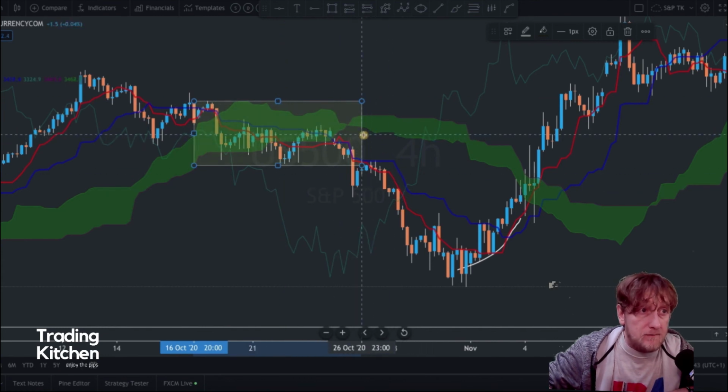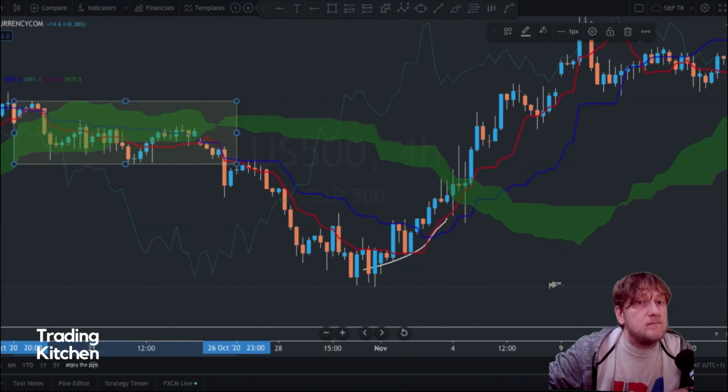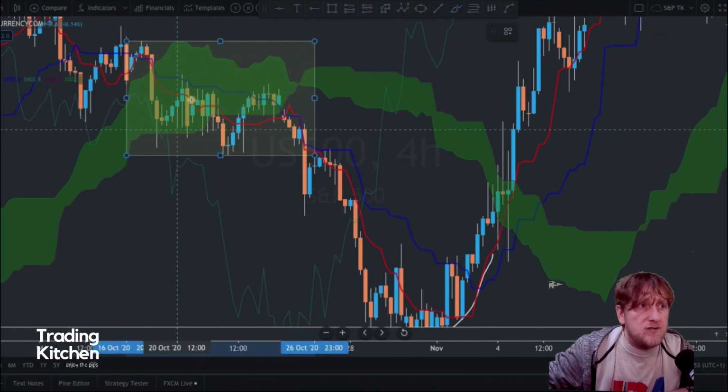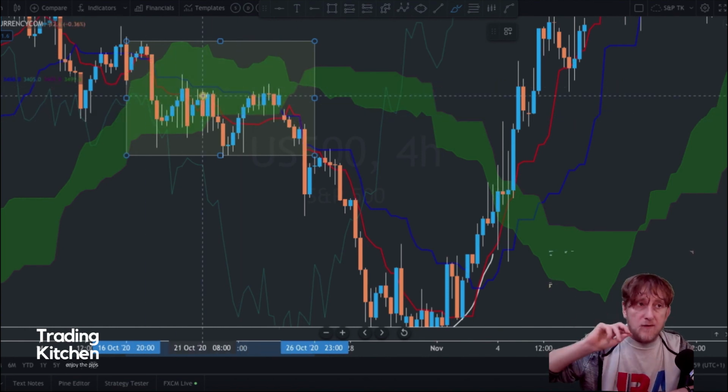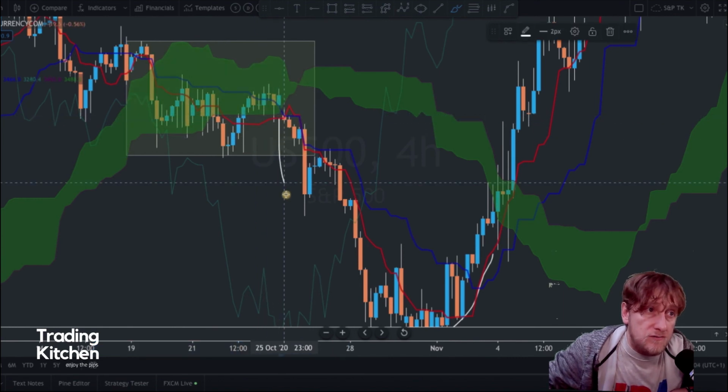In fact, look at this. After a ranging market confirmed by the horizontality of our lines, price broke the structure and then retested.